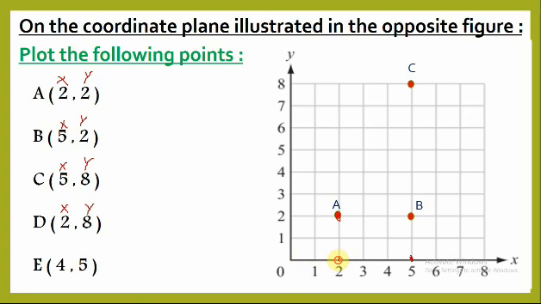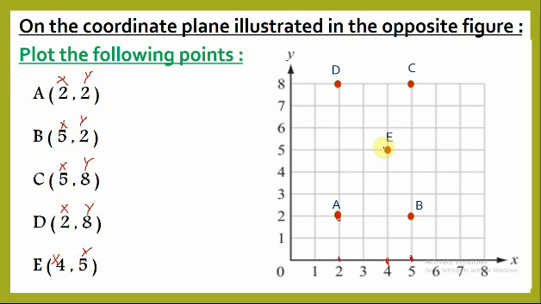Start with the 2. Here is the 2. And move on the y-axis 8 movements. Here is the D. E, x is 4 and y is 5. Here's the x, 4, and on the y-axis, 5. So here it is, E.